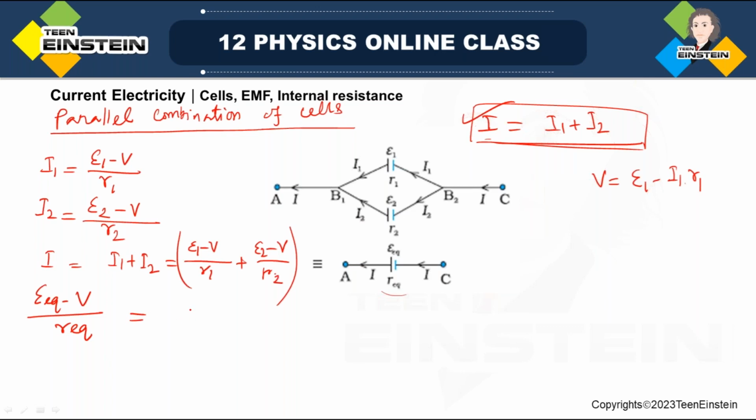I'll compare this with this side. For the time being, let me find out V itself.